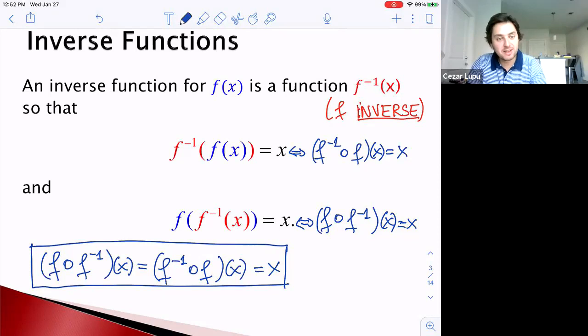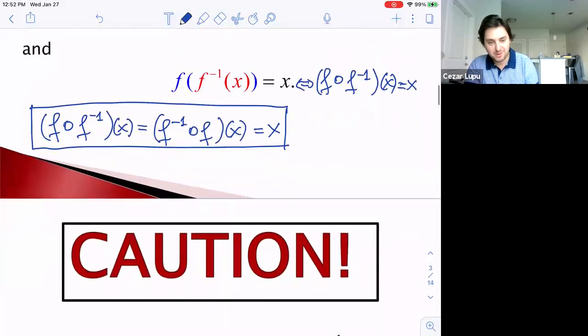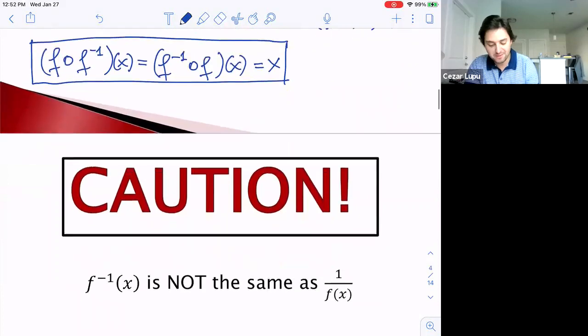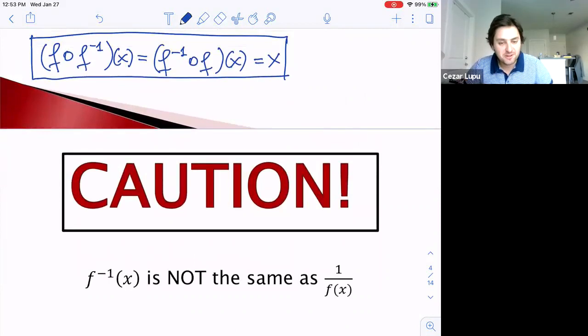All right, so this is what's going on with the inverse functions. I want to make myself clear about something. This is the danger: F inverse is not the same as 1 over F. When I give you an exercise and tell you to find F to the negative 1 of X, and you write 1 over F of X, that's wrong.